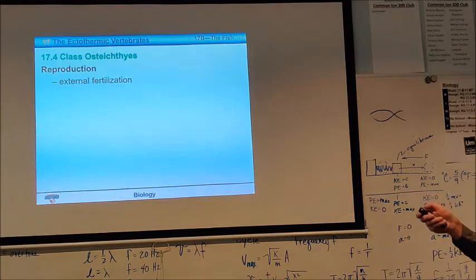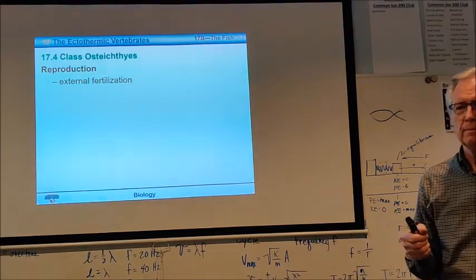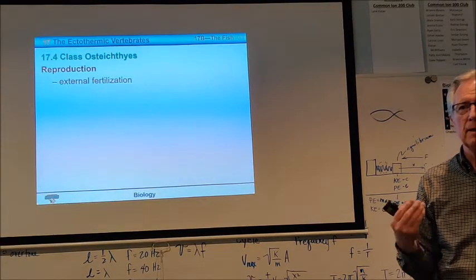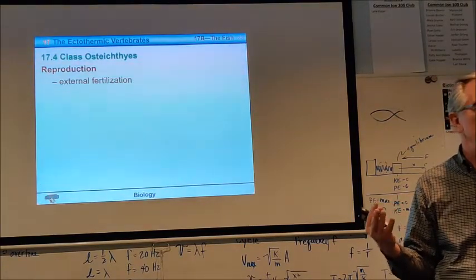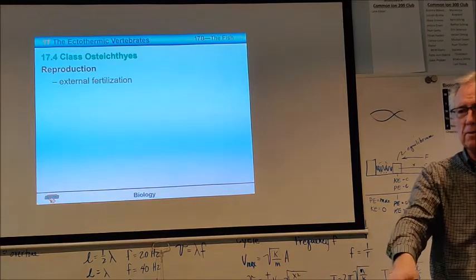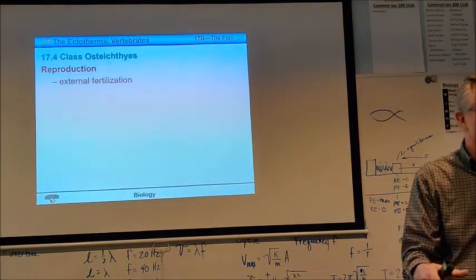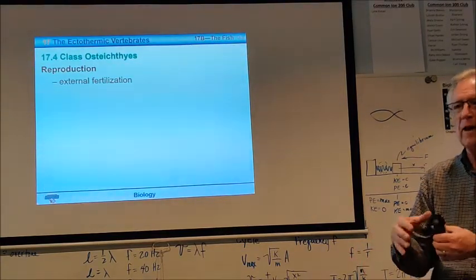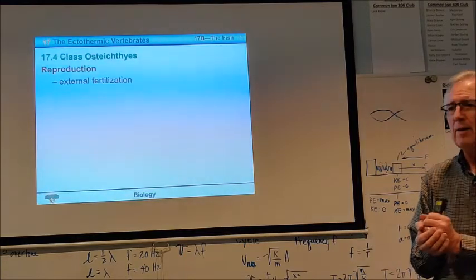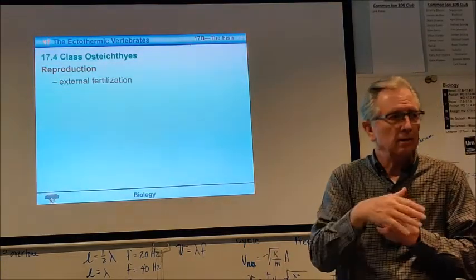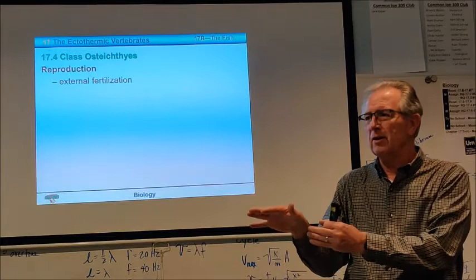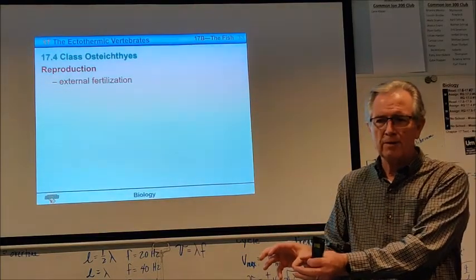Reproduction, external fertilization. What would that mean? Well, that means that the female fish is going to release her eggs. Usually she'll find some place in the water where the water isn't flowing, kind of still, so she can deposit her eggs on it.